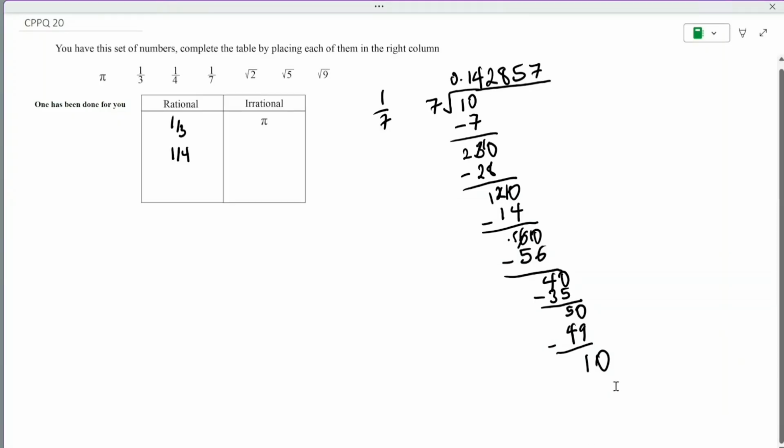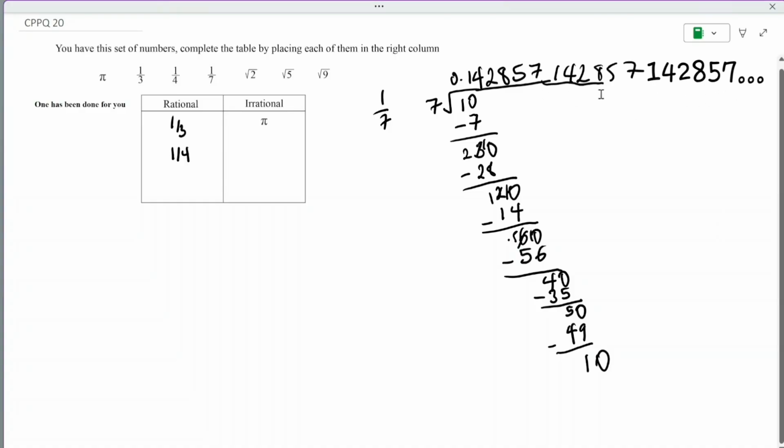And if we continue again, you do 7 in 10, it will be 1, you have this 7. Then you go back to 3, then you increase it to 30, you have 2. You'd actually see that 1, 4, 2, 8, 5, 7 will repeat. After this set, you have another set of 1, 4, 2, 8, 5, 7.